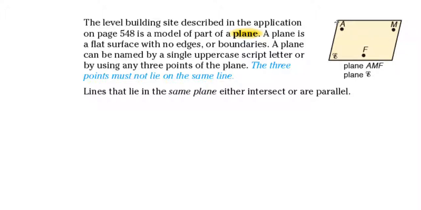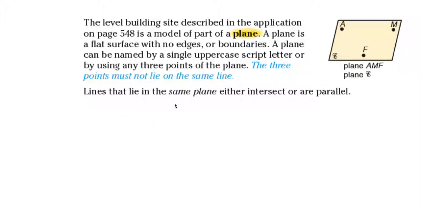But in reality, a plane will not have any edges and will not have any boundaries. It's actually infinite. This is just a symbol that it is a flat surface. And these are ways to name your plane. So this is plane AMF or plane S.